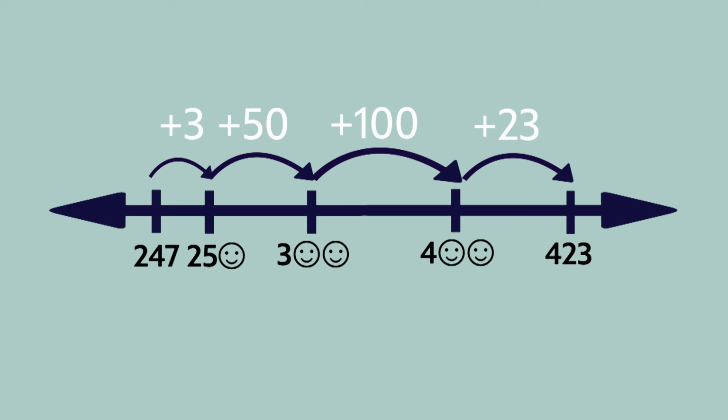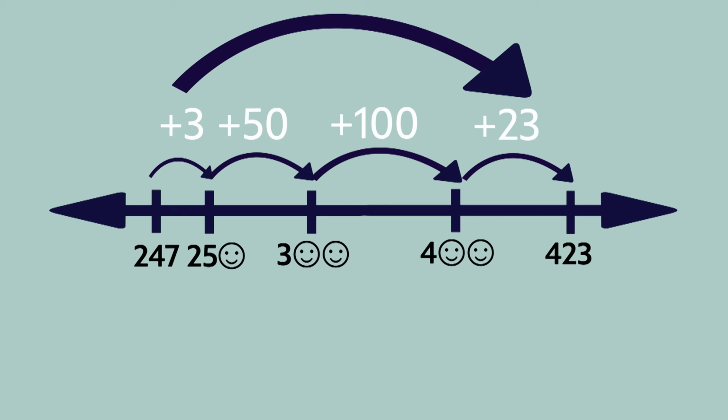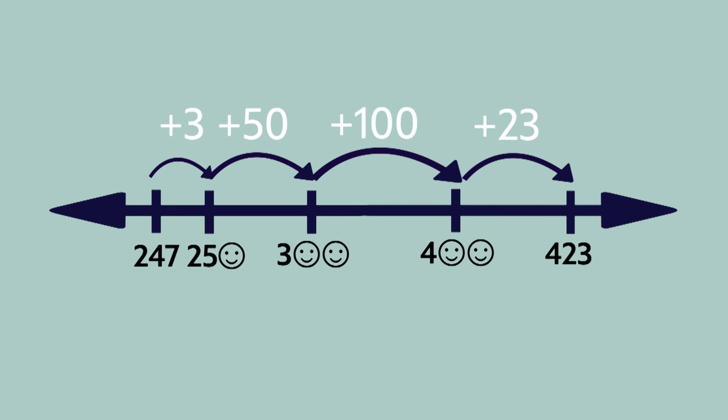Right, we want to look at the jumps. So we have added all of our jumps, 3, 50, 100, and 23. I don't have to add it in any particular order, so I can do it in a way that makes sense to me, and you can do it in a way that makes sense to you. I'm just going to add it in order. So we have 3 plus 50 equals 53.